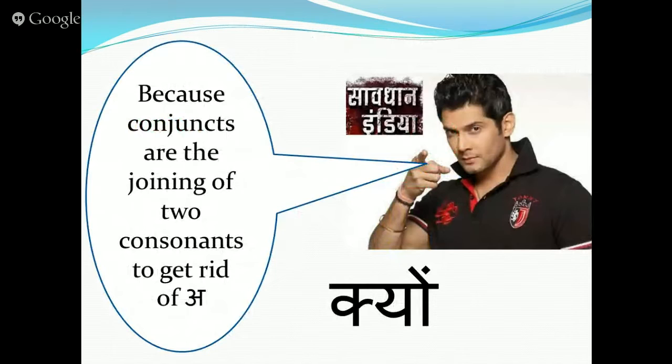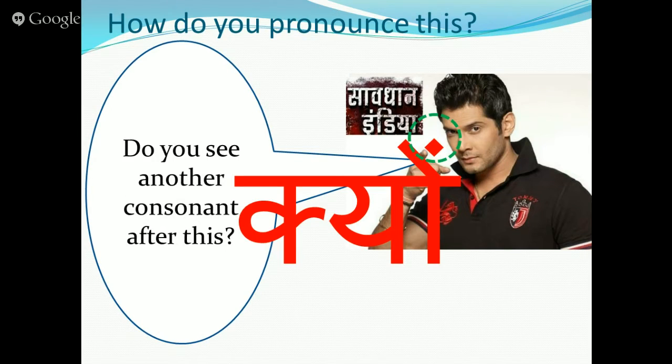Well, the dot is only an N sound or an M sound if there's a conjunct, if there's another consonant following it, aka only when it's the first letter in a conjunct. Here, there is no letter following it. It comes at the very end of the word. Therefore, it can't be N or M. So, what is this?